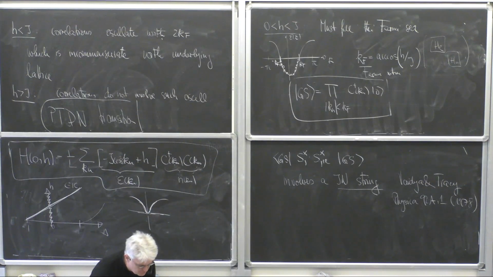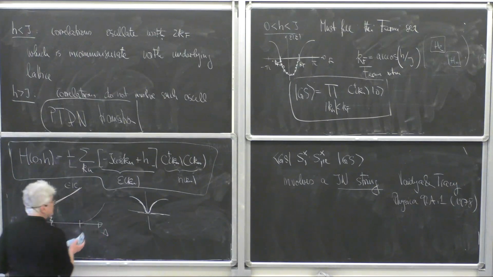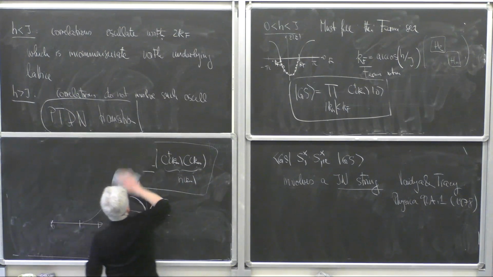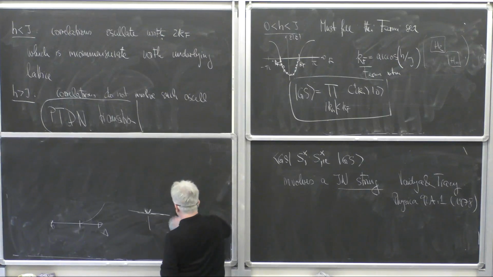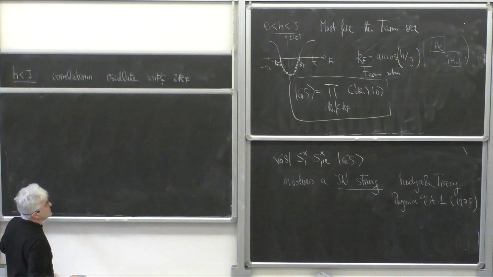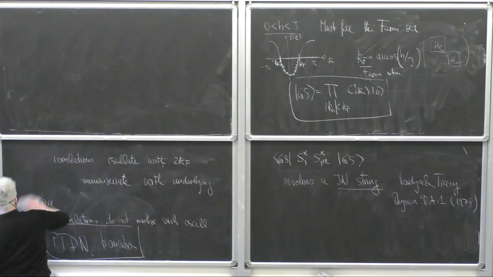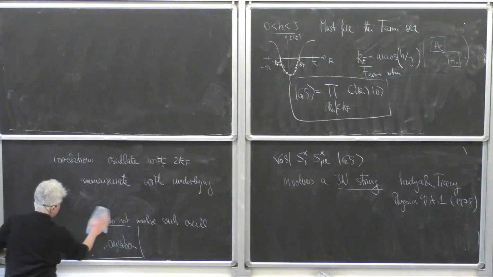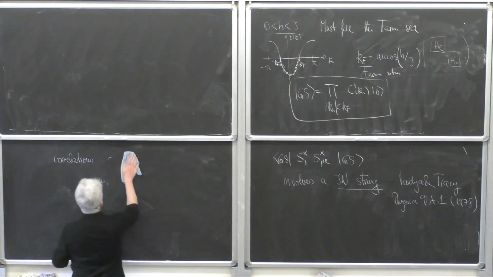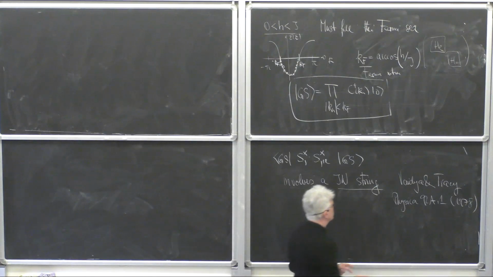Okay, so I'm going to say one more thing actually. Okay, so now what we have is this model of spinless fermions with two sectors, periodic and antiperiodic boundary condition.